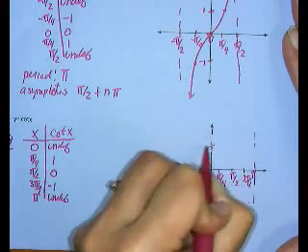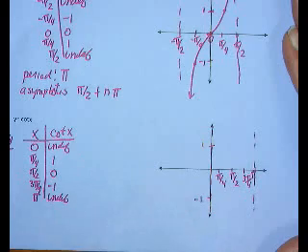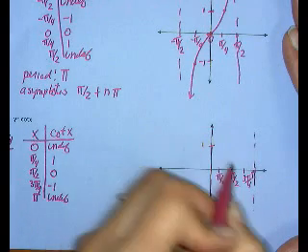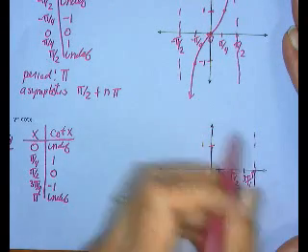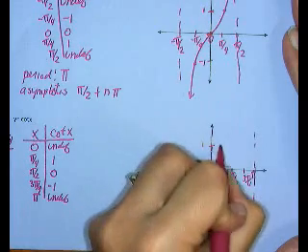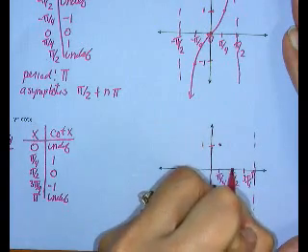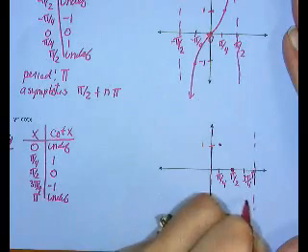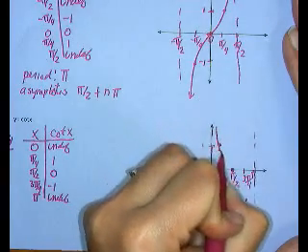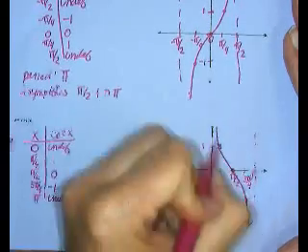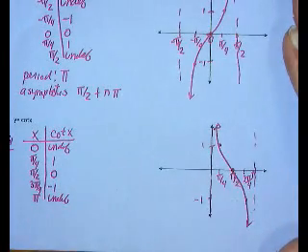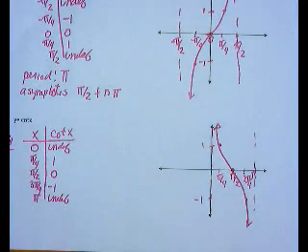And you have a maximum value of 1, minimum value over here at negative 1. And so at 0 it's undefined, at pi over 4 you're up at 1, pi over 2 you're at 0, 3 pi over 4 you're at negative 1. Same type of graph, it just looks like it's been reflected. And that is what the cotangent graph looks like.